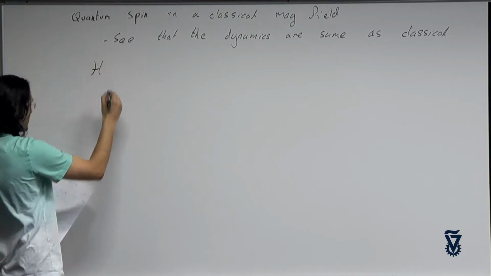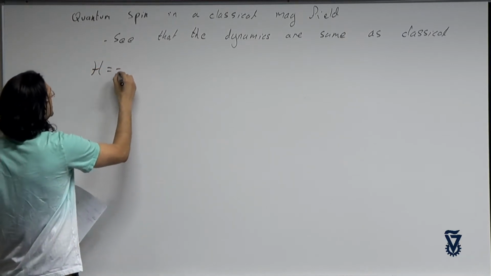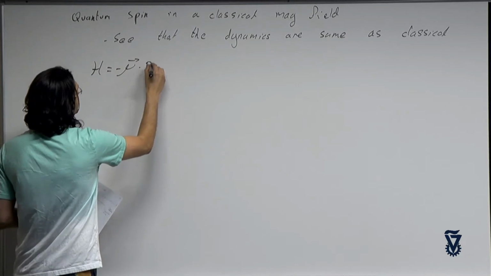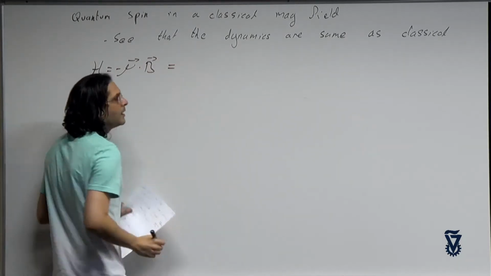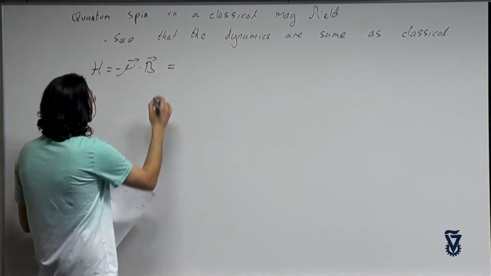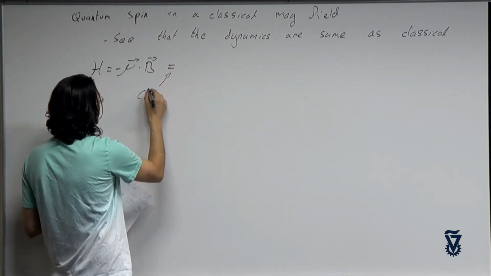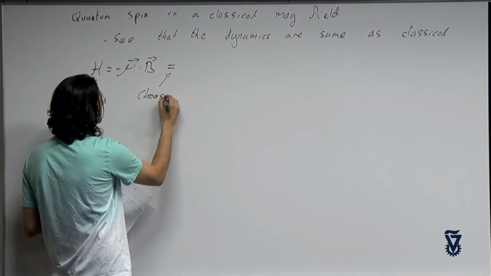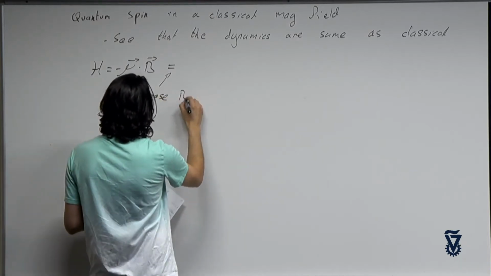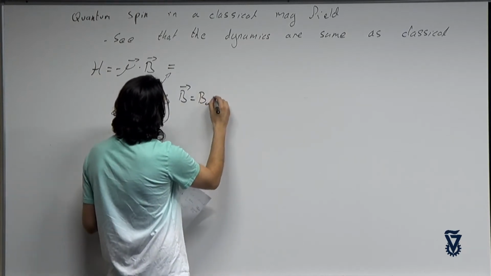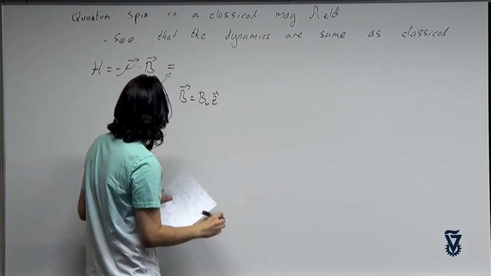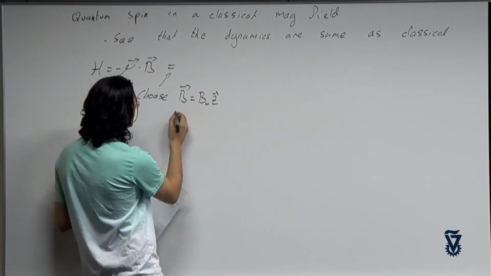So we start with a Hamiltonian. So this is minus mu dot B. And we're going to choose our field to be in the z direction. So it's going to be some B0 in the z direction. And this is, again, a classical field.